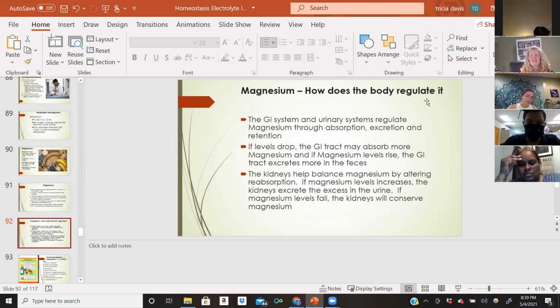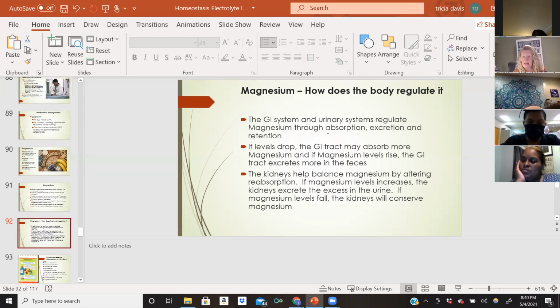So how does our body regulate magnesium? Well, the GI system and the urinary system regulate magnesium through absorption, excretion, and retention. So if our magnesium levels drop, the GI tract may absorb more magnesium, and if magnesium levels rise, then the GI tract is going to excrete more in the feces.